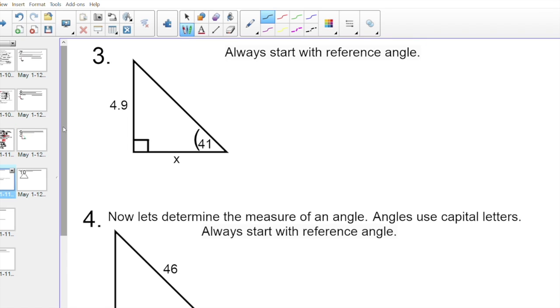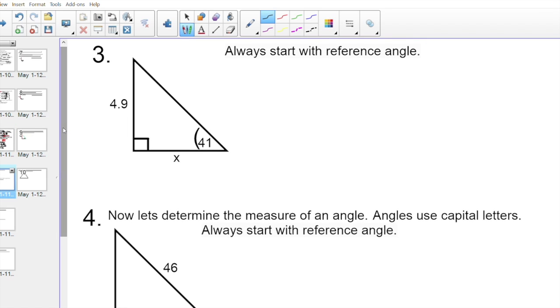Now I've got another one here. Now, again, we're given 41. That's called my reference angle. So that's the first thing we would write. And we're going to write a ratio for trigonometry. Now, over here, this side is called the opposite side because it is the side away from 41.